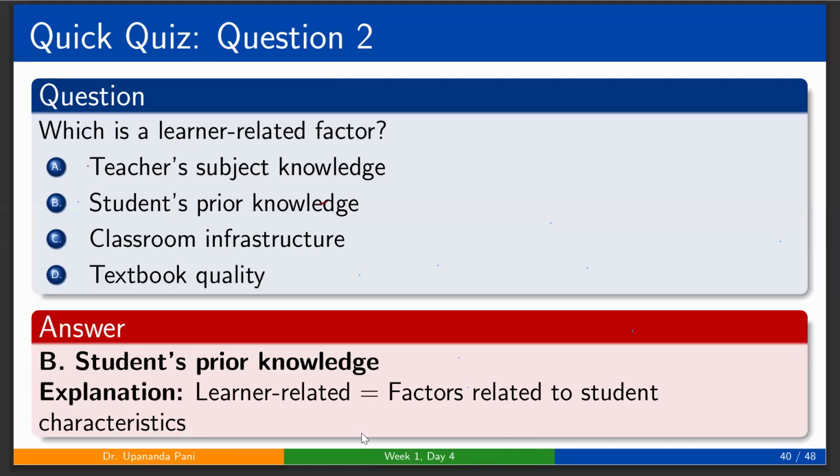Answer is B. Very good. Ajay and others, thank you so much. What is the explanation? Learner related means factors related to student characteristics. Students' prior knowledge is very important because if you do not have prior knowledge, then there is a problem, because it is directly related to the learner related factor, not teacher subject knowledge or classroom infrastructure. They are not related.